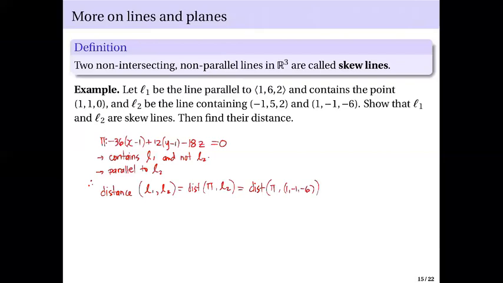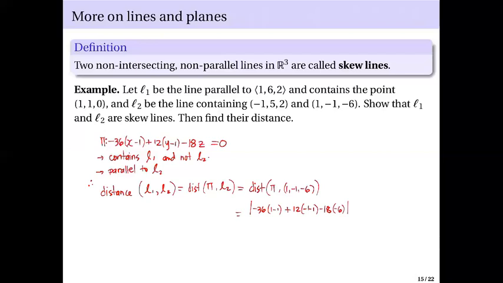And the formula, this is just the absolute value of minus 36 times 1 minus 1, plus 12 times -1 minus 1, minus 18 times -6.